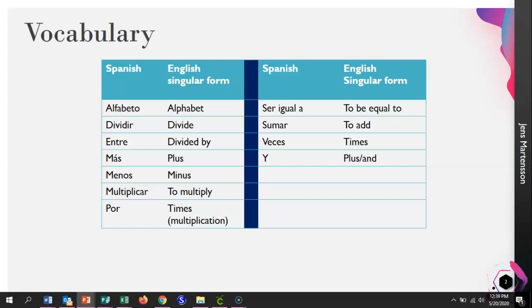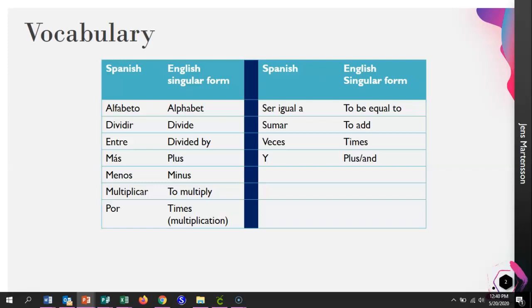Más and menos, those two we had discussed in a previous lesson. Más means plus, menos means minus. Multiplicar, to multiply. Por means times, as in multiplication, times something.